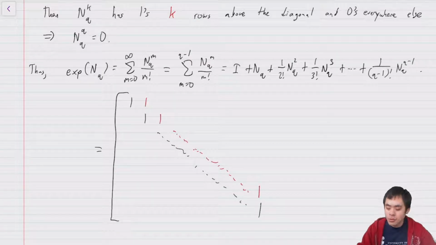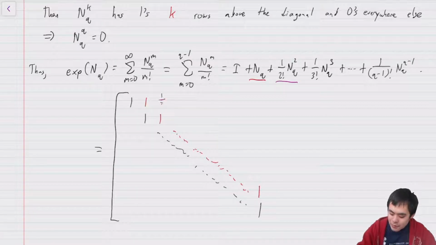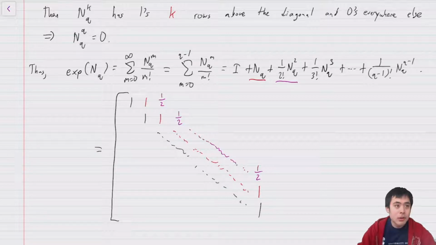And what about the row above that? Well, you have 1 over 2 factorial nq squared. So that was this term. And let's put this in purple. So that means you have 1/2 for each of these terms. And in the next one, you have 1 over 3 factorial nq cubed. So you have 1 over 6 for each of these terms.